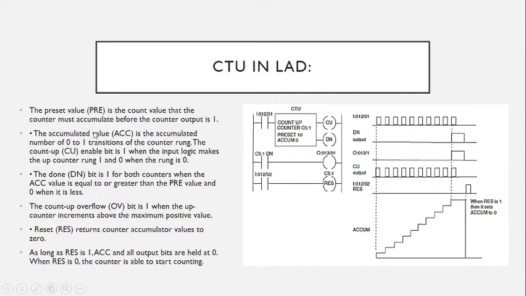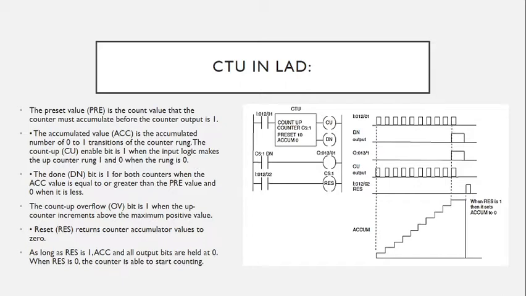The accumulated value, ACC, is the accumulated number of 0 to 1 transitions of the counter rung. The count up CU enable bit is 1 when the input logic makes the up counter rung 1 and 0 when the rung is 0.